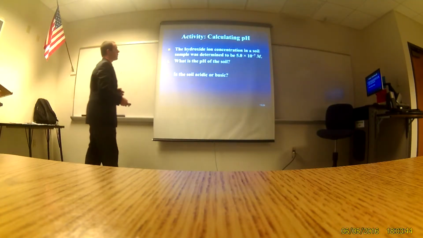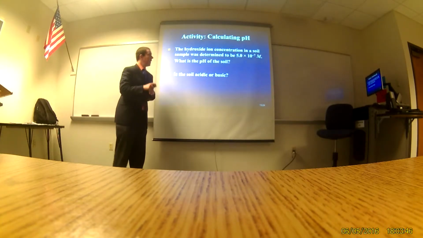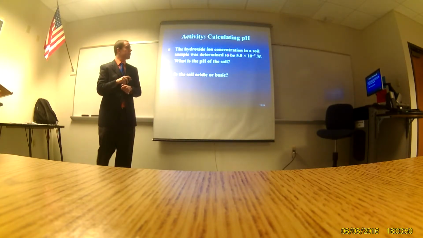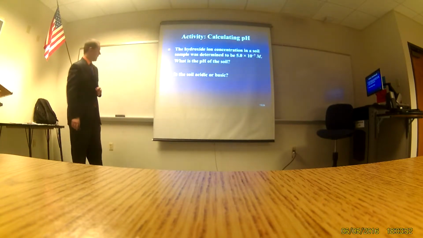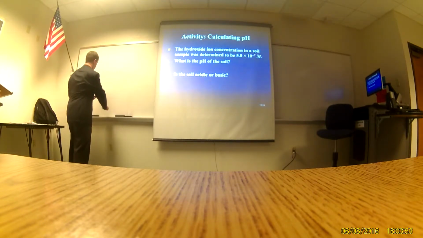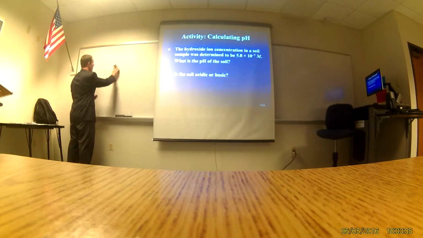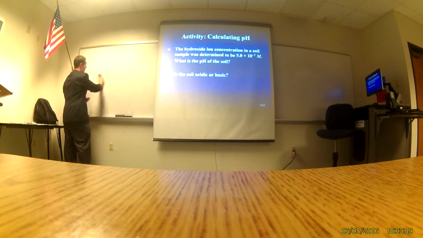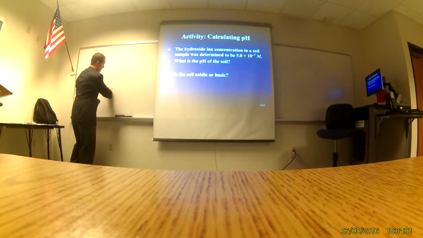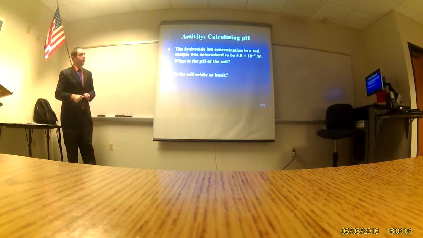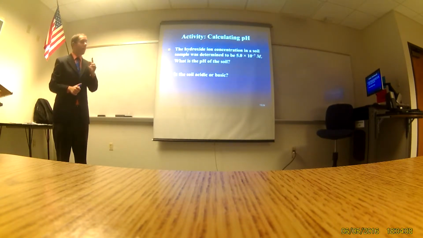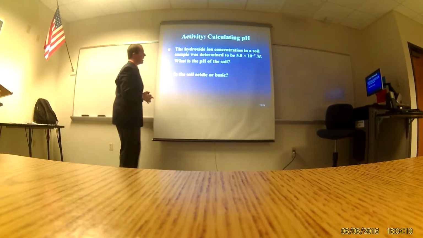Here we took a soil sample, and we got a hydroxide ion concentration of 5 times 10 to the -7. What is the pH of this soil? Is it 6? Or 6.30? Be careful. It wants the pH.